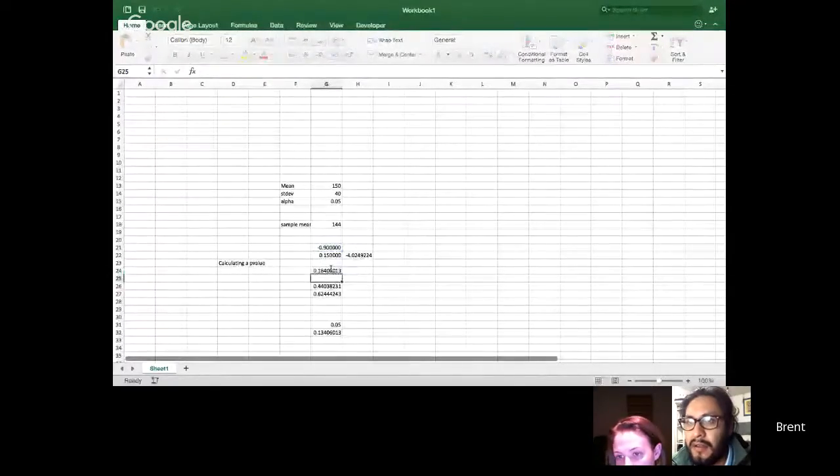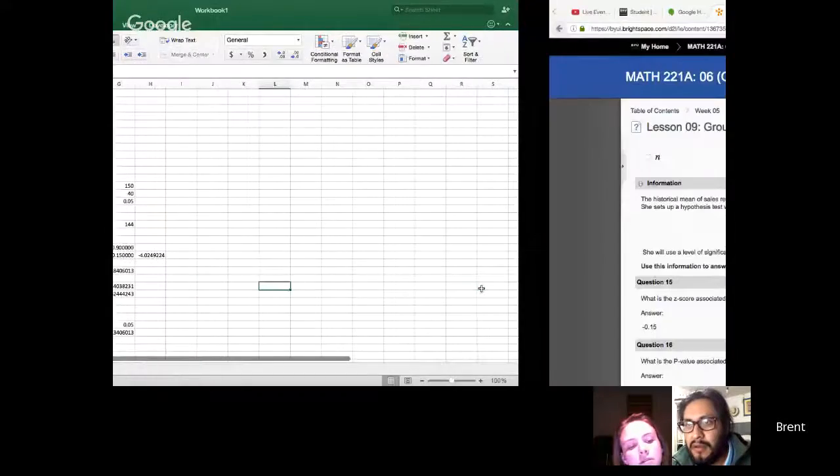Okay. Cool. And then the applet, with negative 0.9, gives me an area of 0.184. Yep. Okay. I am going to fix my answers.